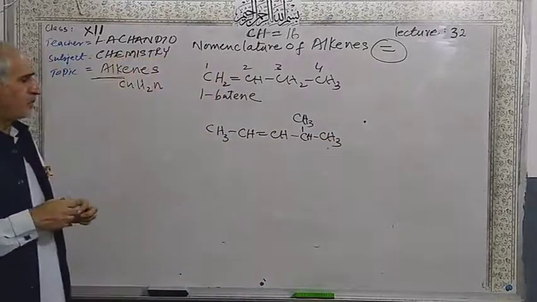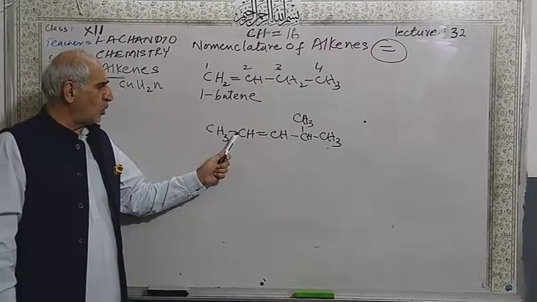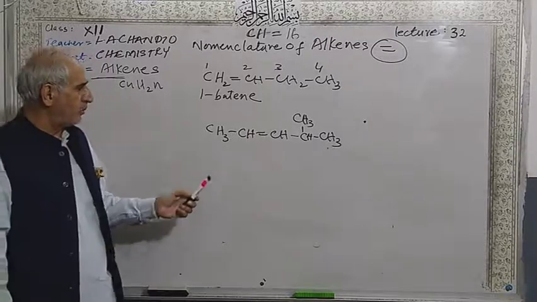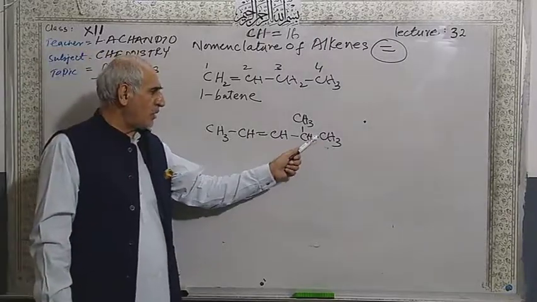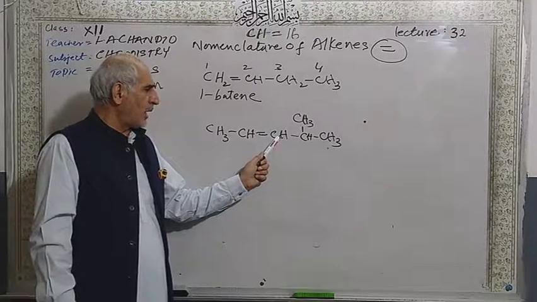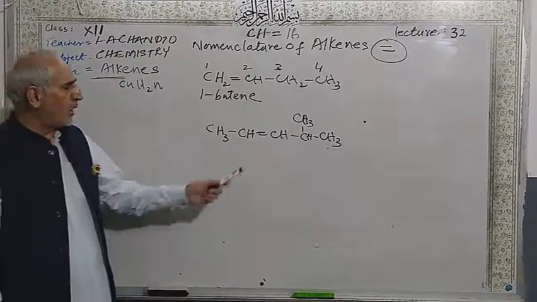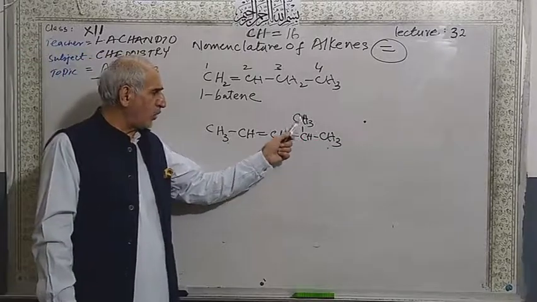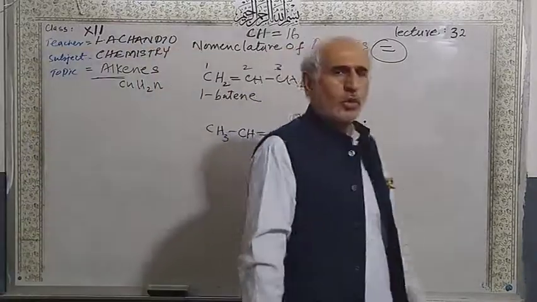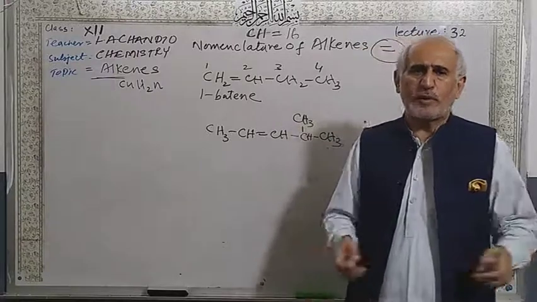Now in this one, starting from here, 1, 2, the double covalent bond is on carbon number 2. Starting from the other side, 1, 2, 3, the double bond is on carbon number 3, and on carbon number 2 there is an adjacent methyl group or branch. Now what do you prefer?